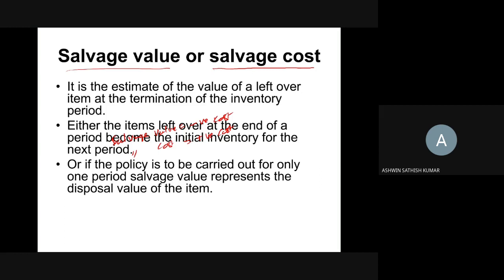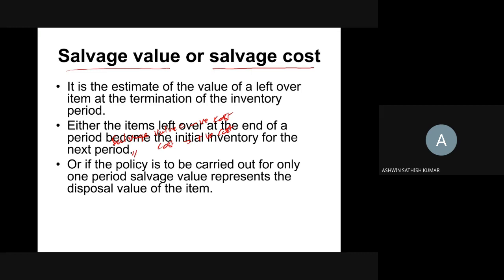Either the items left over at the end of the period become the initial inventory for the next period. For example, rakhi, for example, crackers, right? Christmas greeting cards and all these things. You can say that it is the initial inventory for the next period. If the policy is to be carried out for only one period, then salvage value represents the disposable value of the item.